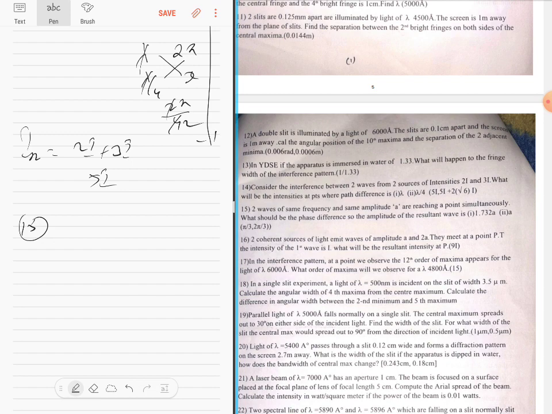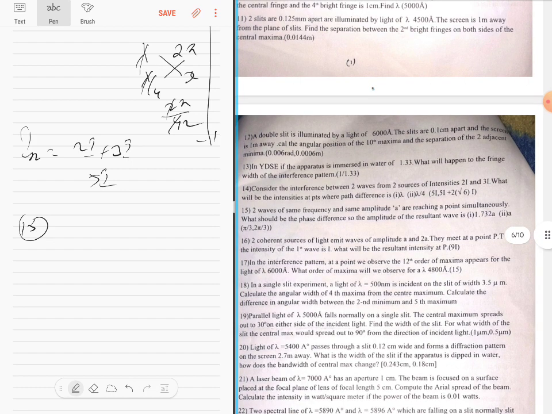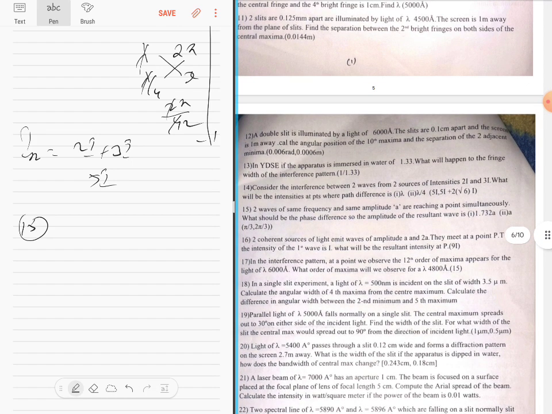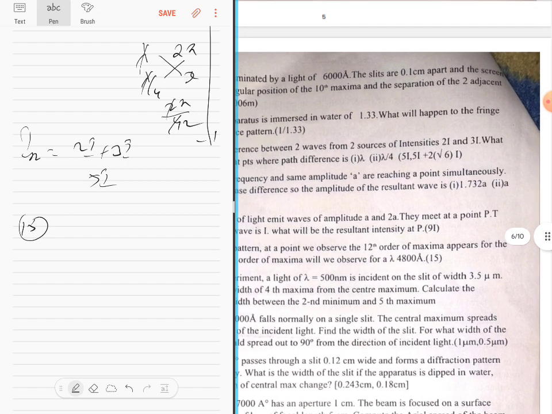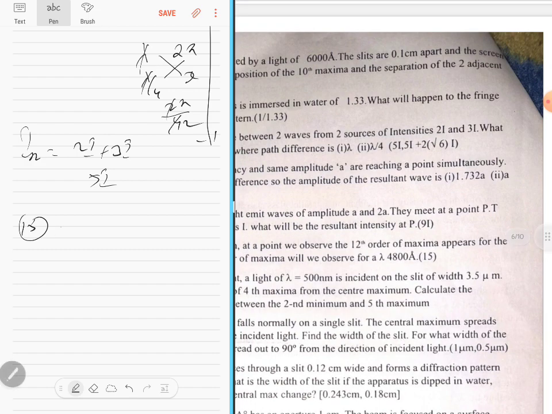So two waves of same frequency, which means same wavelength also, and same amplitude are reaching a point simultaneously. What should be the phase difference so that the amplitude of the resultant wave R is 1.732a? The original amplitude is a.